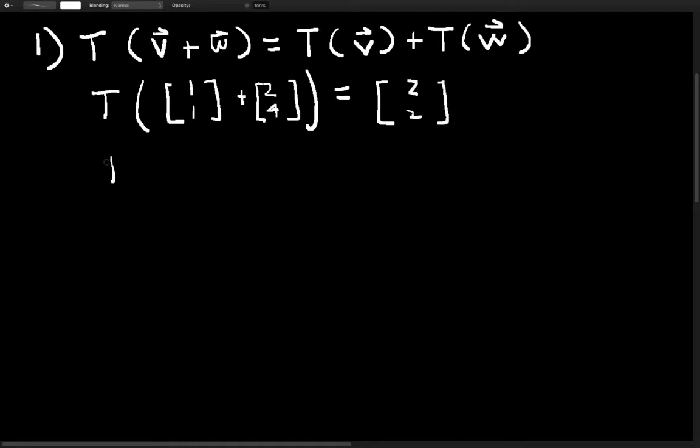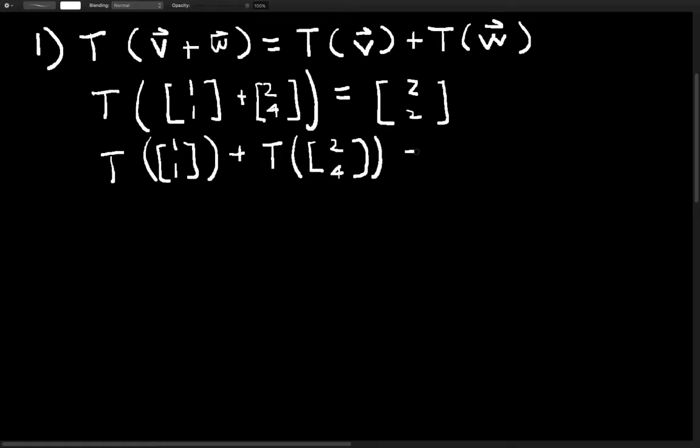When we take the transformation of (1, 1) and the transformation of (2, 4), we still better get (2, 2). That's all this condition is really saying.